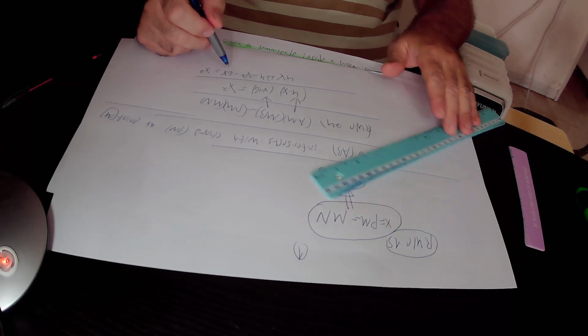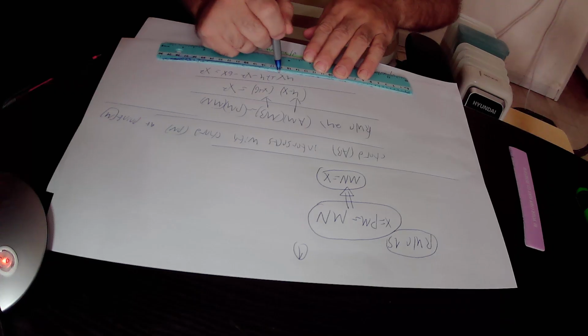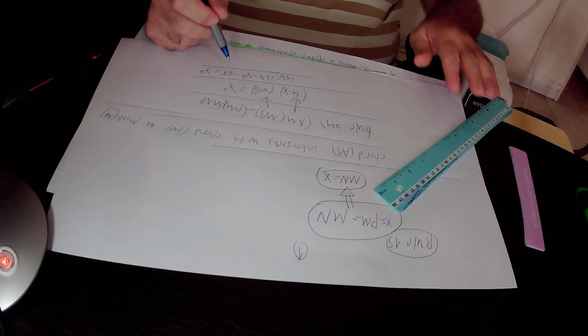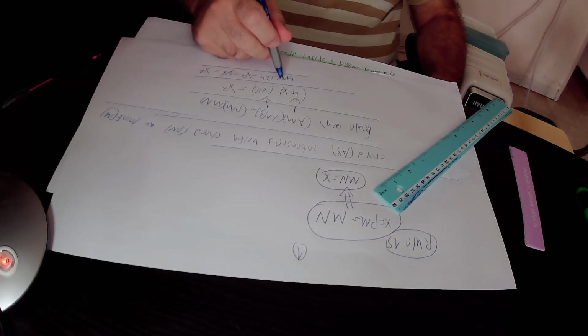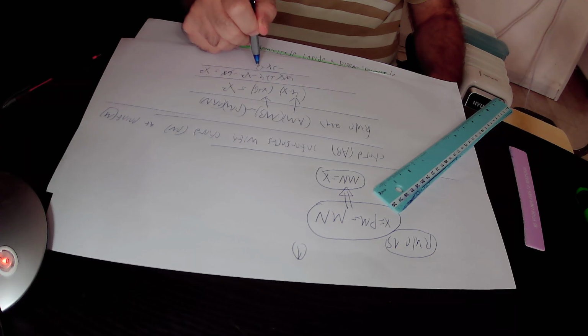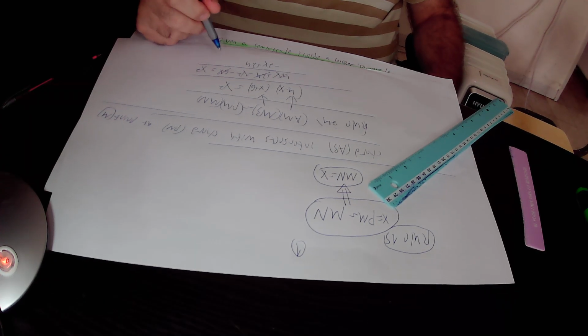So on this side we have 4x minus 6x is minus 2x plus 24 minus x squared equals x squared.